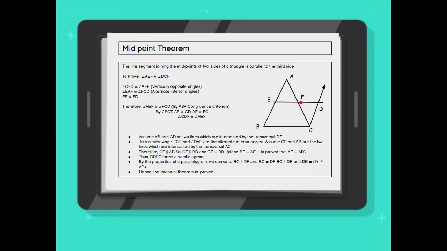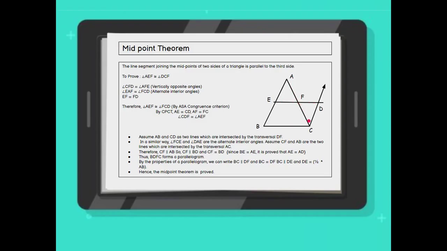So EF is equal to FD. This is the construction first of all. CD is a construction which is parallel to AB, and FD is equal to EF by construction.